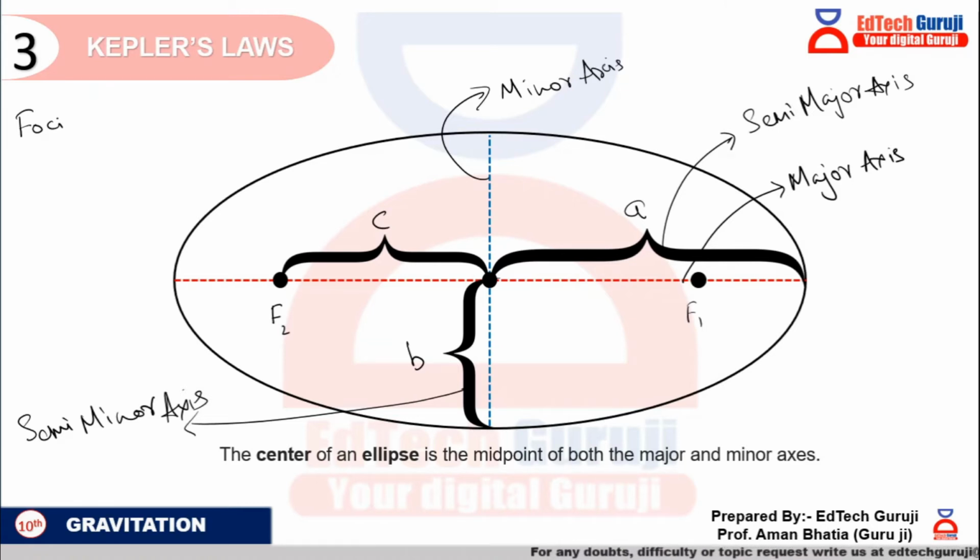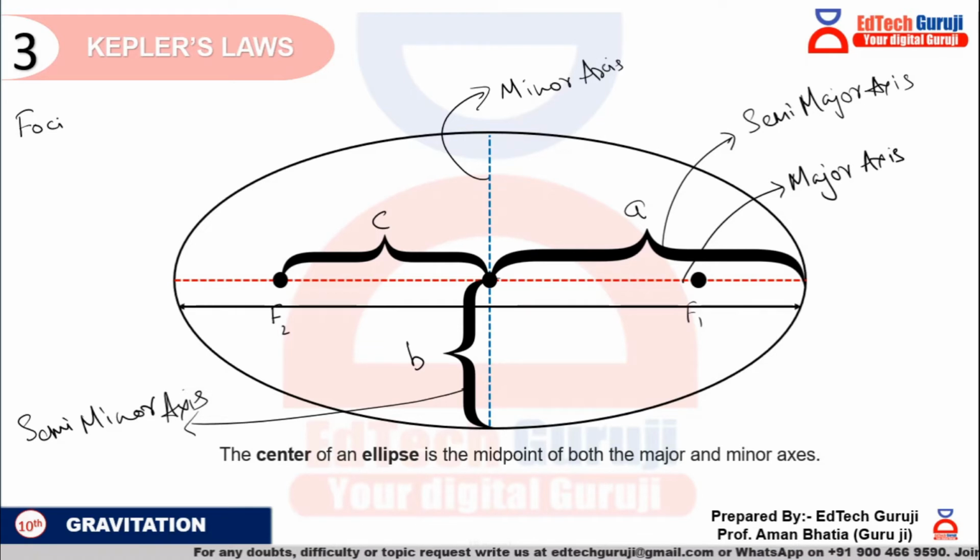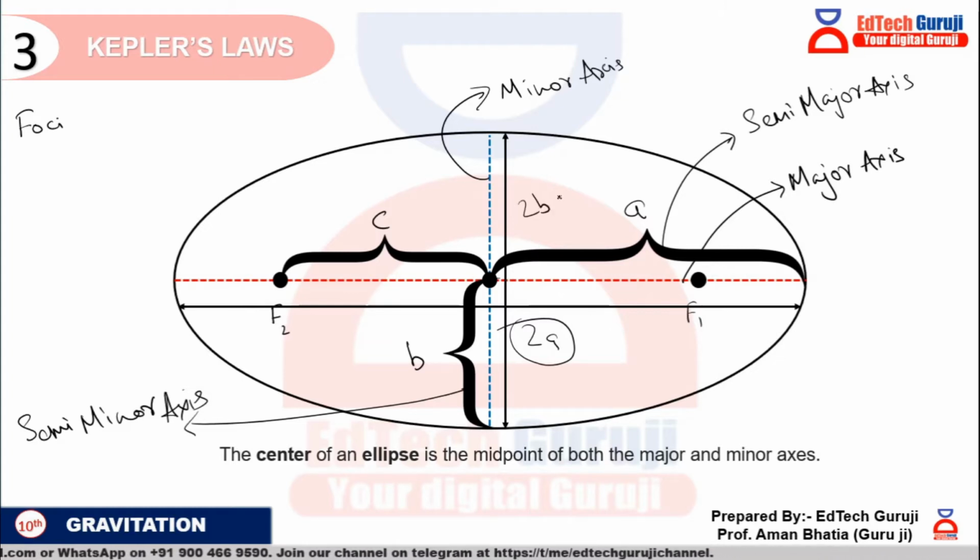Now, if the semi-major axis is A and the semi-minor axis is B, then students, the major axis length will be 2A, and this is very important. Likewise, the minor axis length will be 2B. Are you getting it? And the distance between the two foci will be 2C.